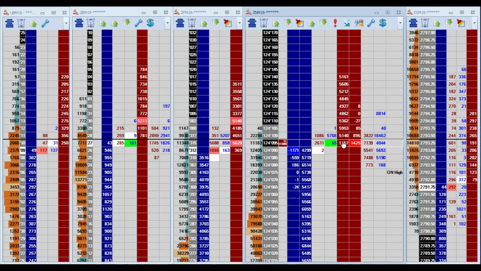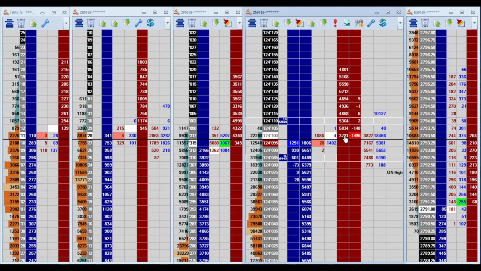One lot. So bond and treasury traders aren't buying this sell-off in the E-minis yet. Not just yet.